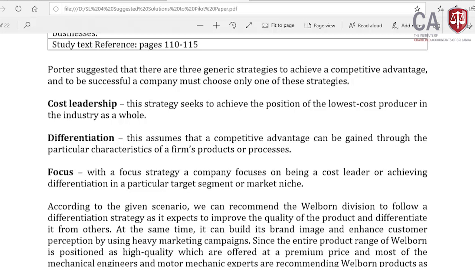Then differentiation, this assumes that a competitive advantage can be gained through the particular characteristic of a firm, product or processes. Now, you try to offer a unique product to the marketplace, through that you are trying to get the competitive advantage. Then the focus strategy, with the focus strategy, a company focuses on being a cost leader or achieving differentiation in a particular target segment or market niche. Now, he talked about the theory part.